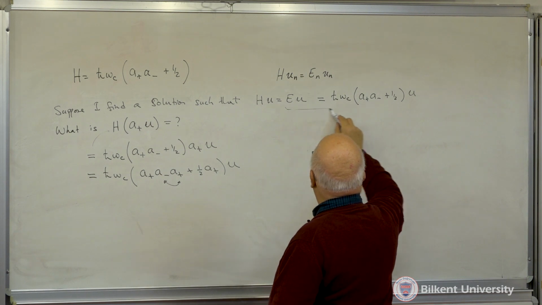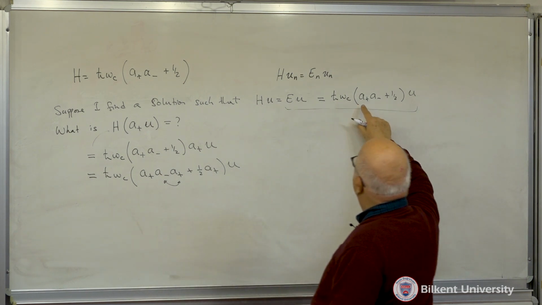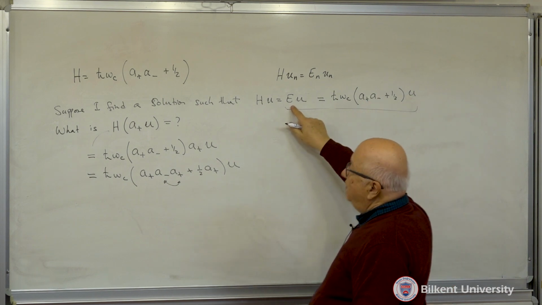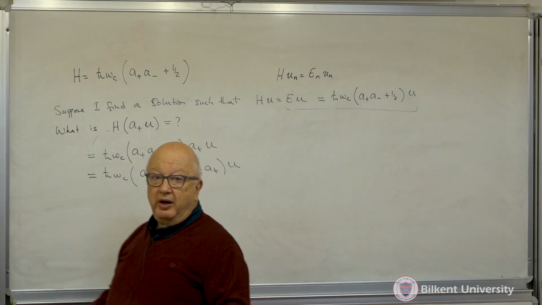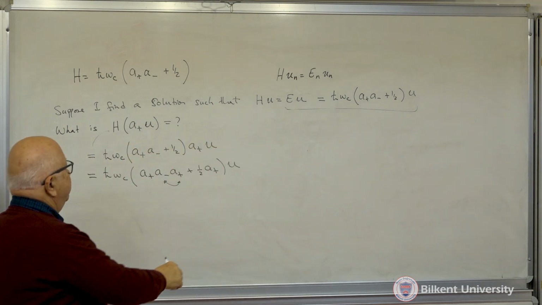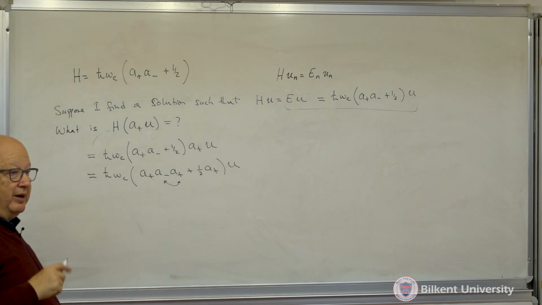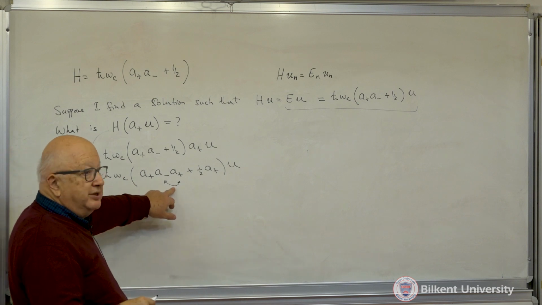So this is given. So I have this a plus a minus on u giving me something simpler. So that's why I want to hit this function u with an a plus a minus instead of a minus a plus. So now how do I replace this a minus a plus with an a plus a minus?